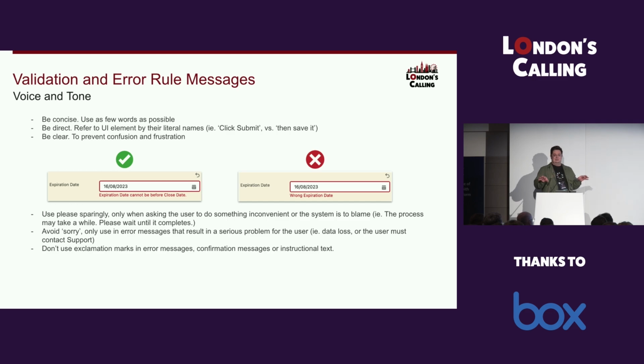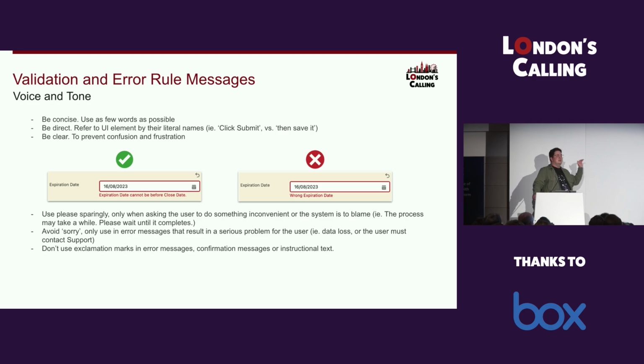whenever you're writing anything, be concise and use as few words as possible. But by doing that, make sure that you are direct and you refer to a UI element by its literal name. So if you have a screen flow and your button is called, let's say, not next, but set email address, then if you're calling that button out, you cannot say, go to the next one.